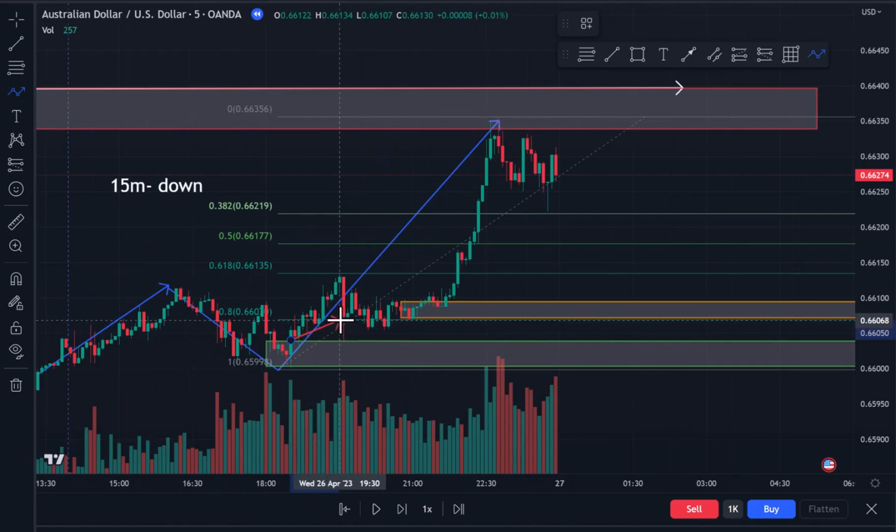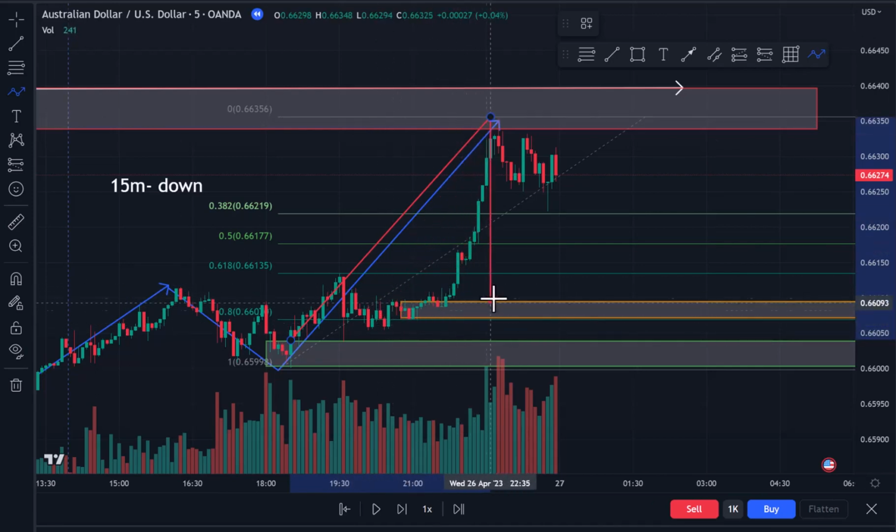So we can just create this structure here, which also gives us another sign of this being a very valid level when there's no valid 5-minute structure within the 15-minute pulse.